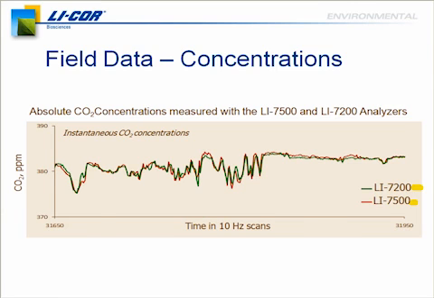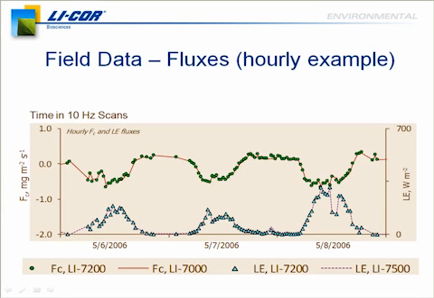This graph depicts hourly CO2 fluxes, FC, and hourly H2O fluxes, LE, over 3 days during an experiment in the Florida wetlands. So on the graph here, the CO2 flux, or FC, is on the left-hand side. The H2O flux, or LE, is on the right-hand side. Now the top red line is for the CO2 fluxes, and that's collected by the LI-7000.